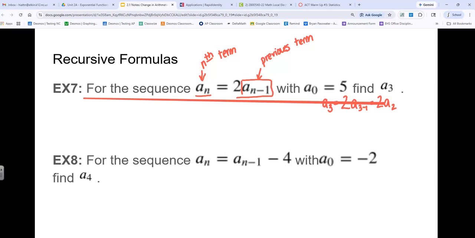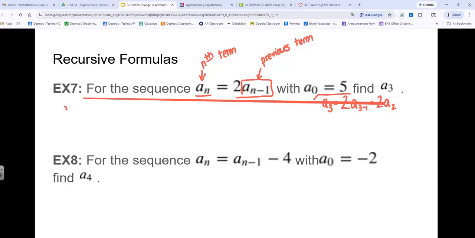I do not. So whenever you have a function that's recursively defined, where you have that a sub n minus 1, you can't go from a sub 0 to a sub 3. You have to find all of the ones in between, right? So this tells me that a sub 0 is 5.